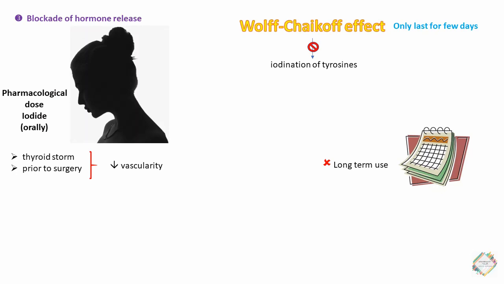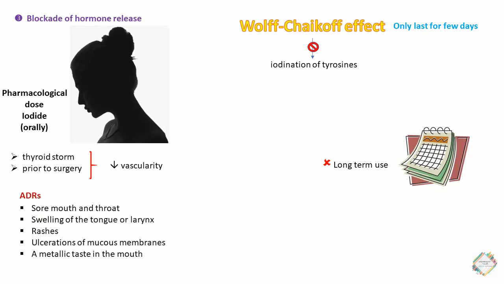It is not useful for long-term therapy because the thyroid ceases to respond to the drug after a few weeks. Other adverse effects associated with iodide are sore mouth and throat, swelling of the tongue or larynx, rashes, ulcerations of mucous membranes, and a metallic taste in the mouth.